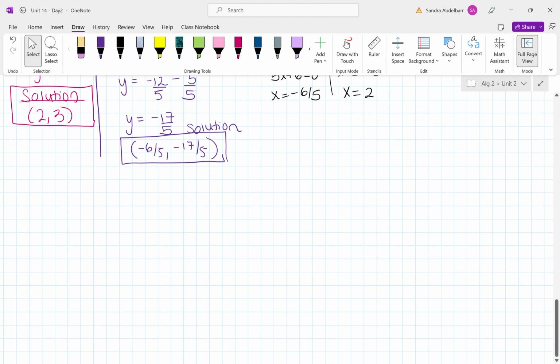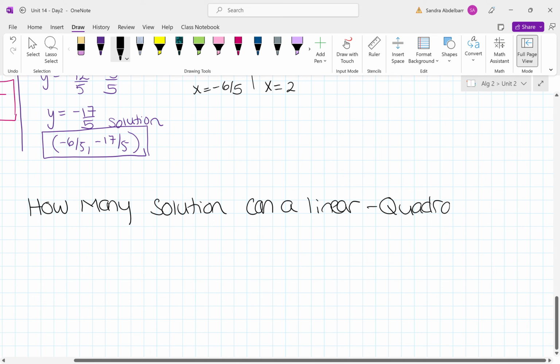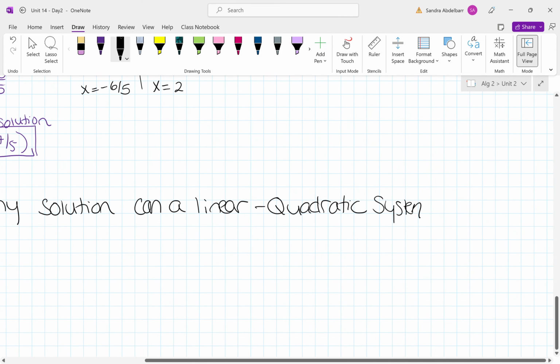Okay, so how many solutions can a linear quadratic system have?